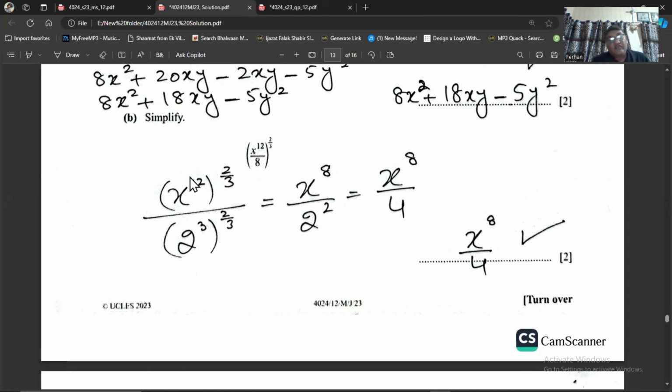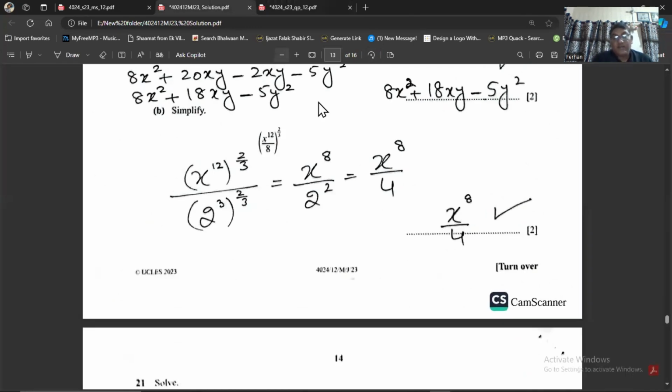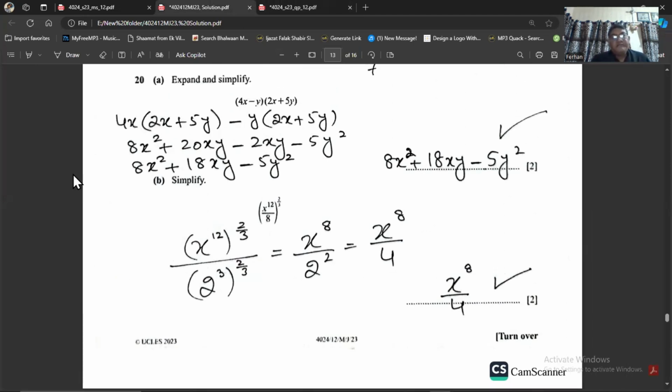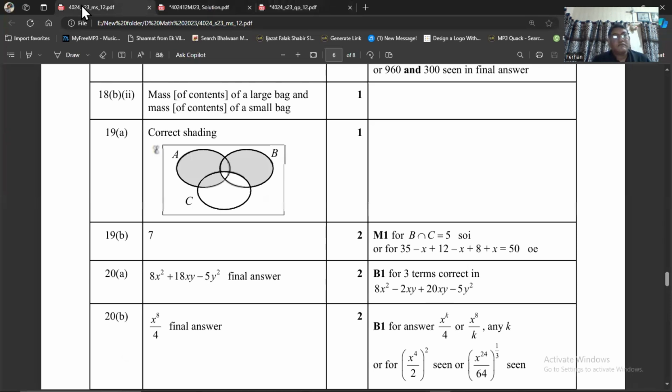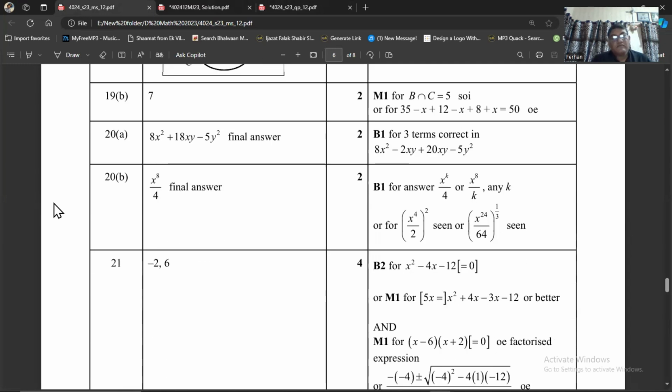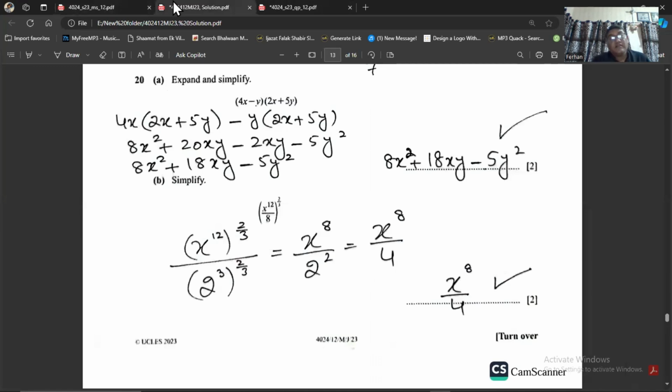And 3 ones are 3, 3 fours are 4, 3 twos are 8. So x raised to power 8 divided by 4. So our answers are right.